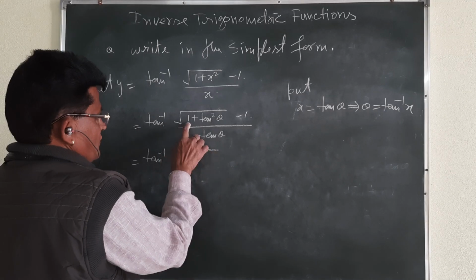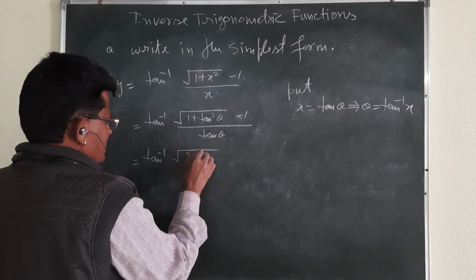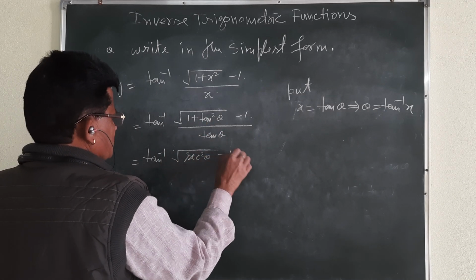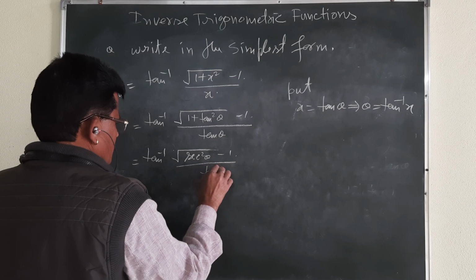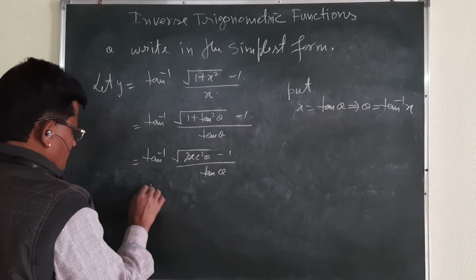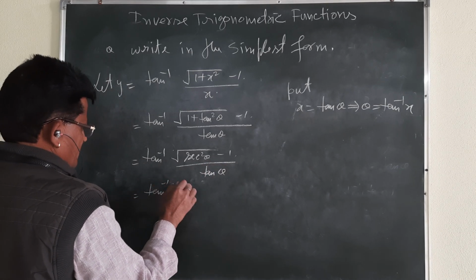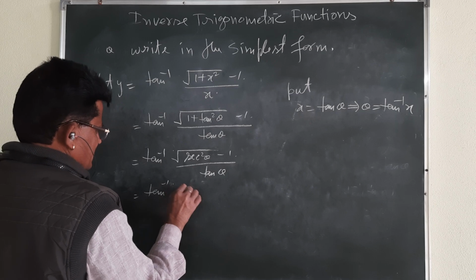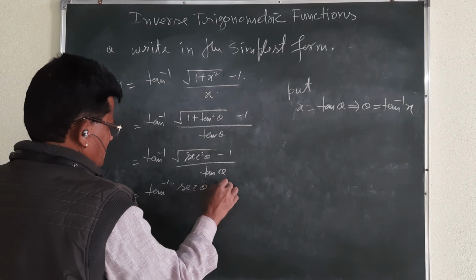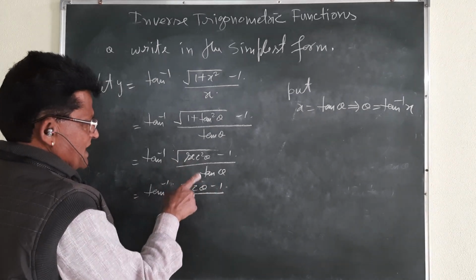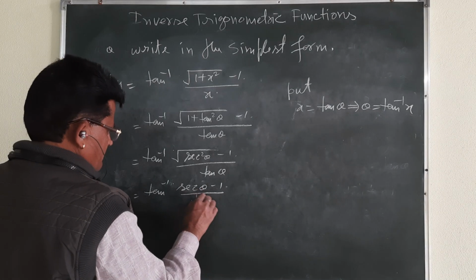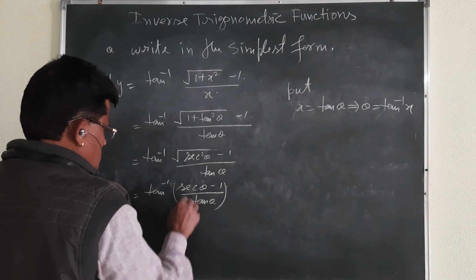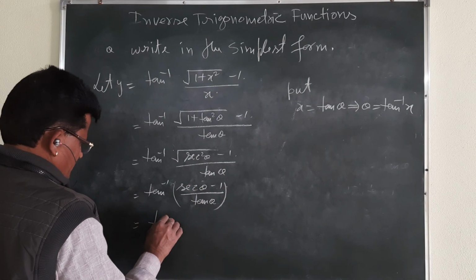It will be tan inverse of 1 plus tan square theta, that will be sec square theta, minus 1 upon tan theta. Once again, tan inverse, and it will be sec theta minus 1, because the square root of sec square theta is sec theta, upon tan theta. I am just going to close it inside the bracket.